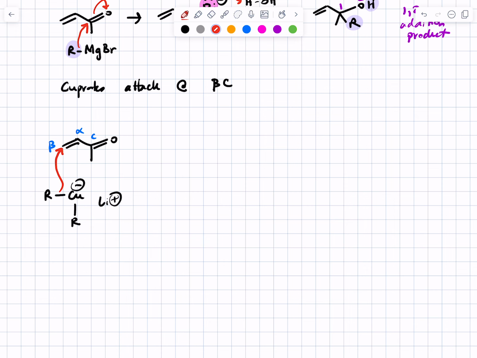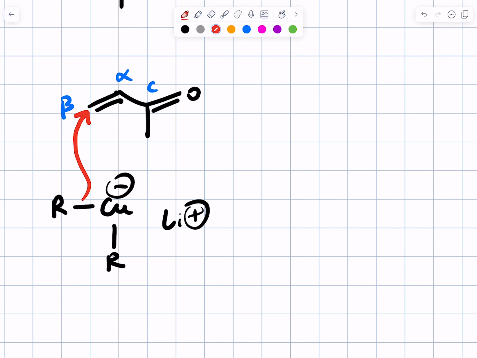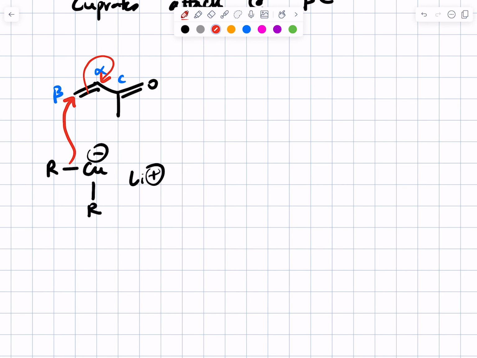If we stop there, we'd have too many bonds to carbon, so we have to break the beta carbon, alpha carbon pi bond, and we're just going to put those electrons onto the alpha carbon. So here is the intermediate that's formed. In red is the new bond between the R group and the beta carbon.